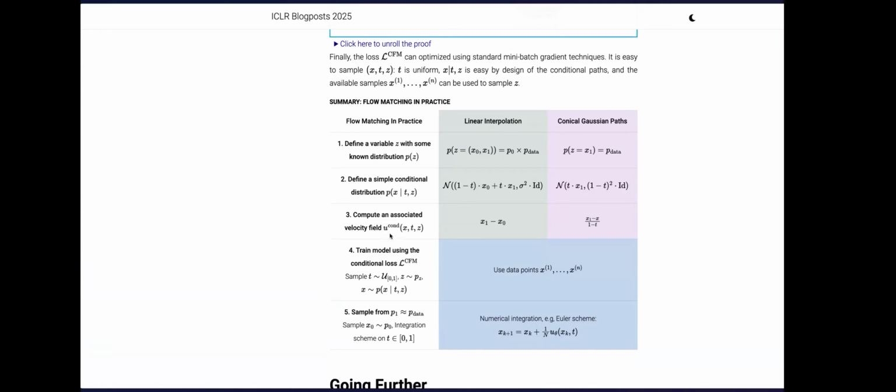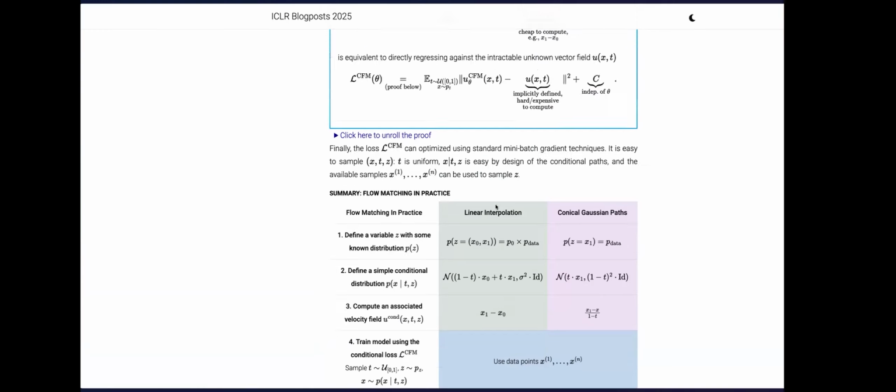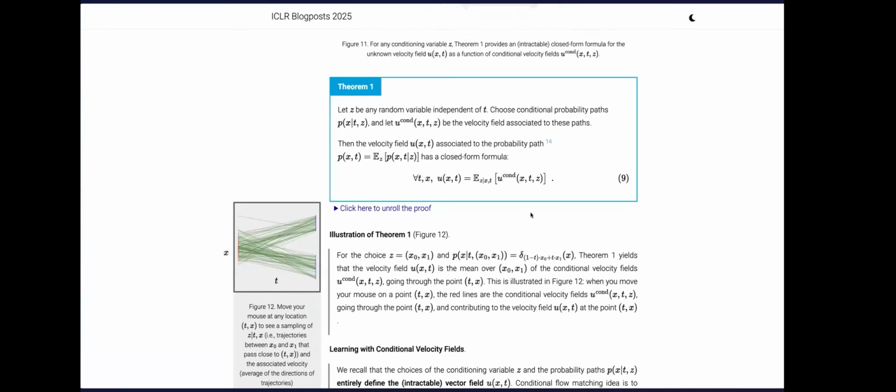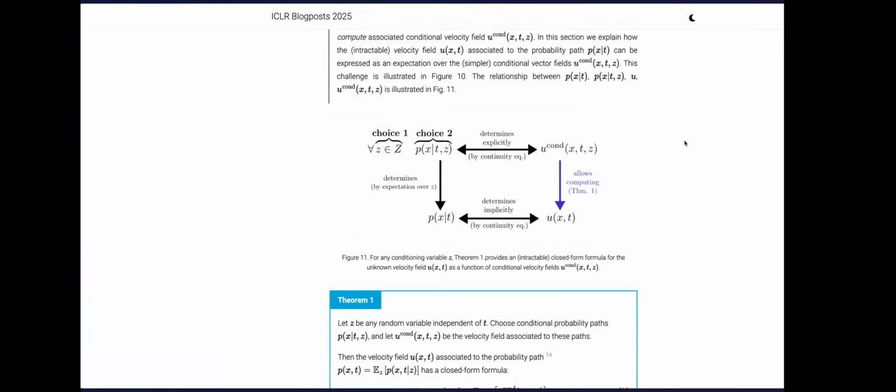Now, we can use U conditional to create labels or reference data for a neural network that tries to match these conditional probability velocity fields. What do I mean by that?